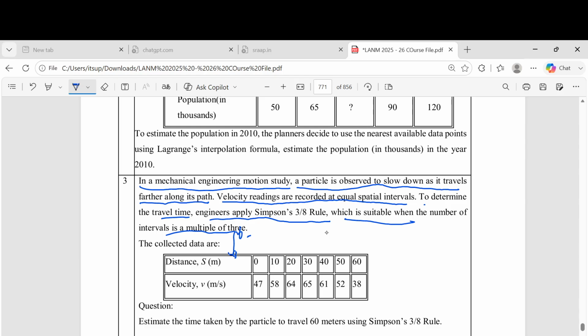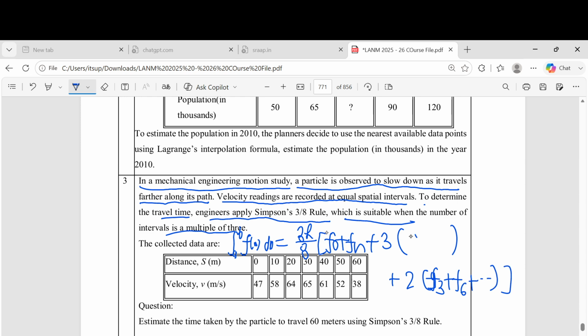Integral a to b f(x) dx is equal to 3h by 8 times f0 plus fn plus 3 times f1 plus f2 plus f4 and so on, plus 2 times f3 plus f6 and so on.